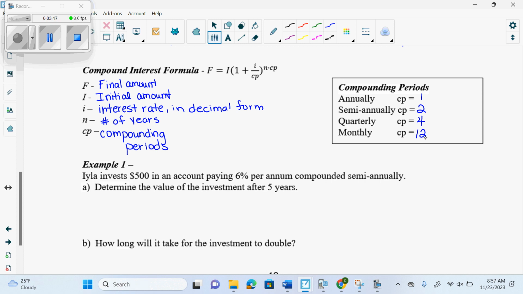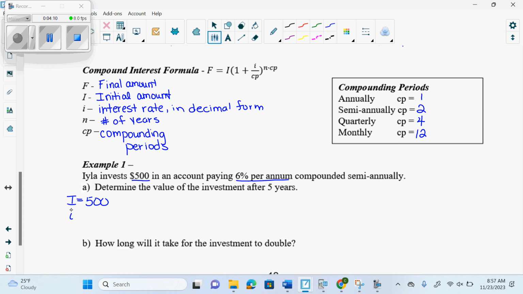Here it says, Isla invests $500 in an account paying 6% per annum. So she invests $500. Where does that go? I, so my initial is 500. 6% per annum. Per annum is just a fancy way of saying per year.